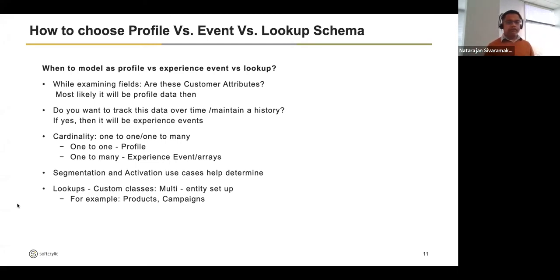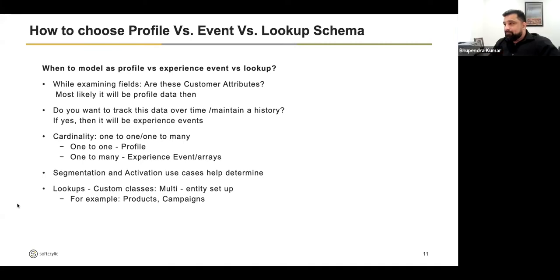Through point of sale, there will be events with information about when the sale happened, who the customer ID was, and the products that were purchased. So the lookup data will define the products and the product details, so that it helps you break it down into various different segments when you're actually doing the activation. That's where it helps. And there's a model that we will be presenting in the upcoming slides that explains this in detail.